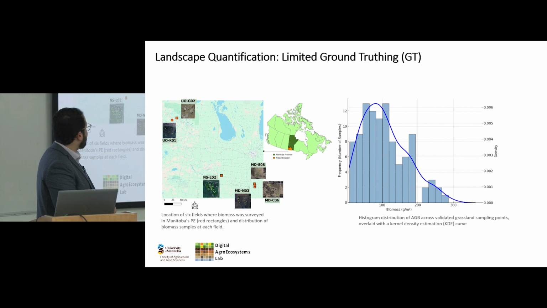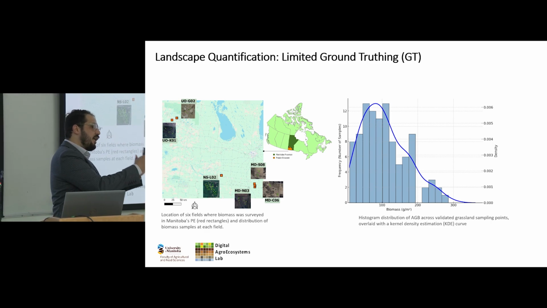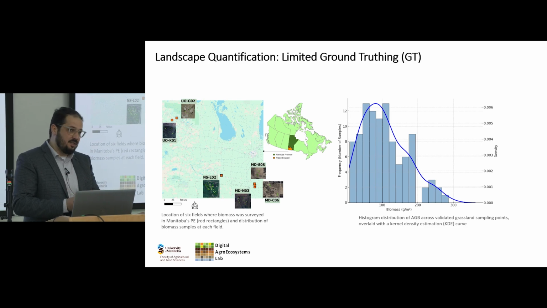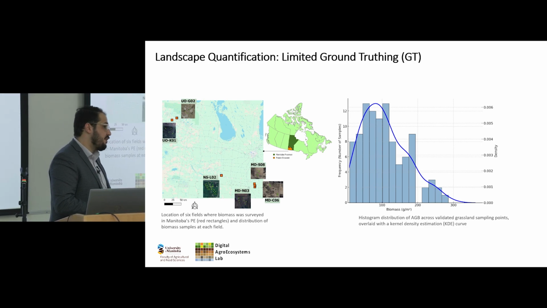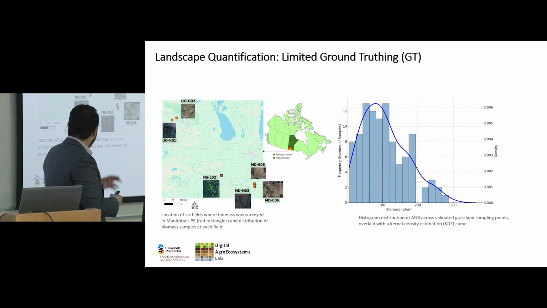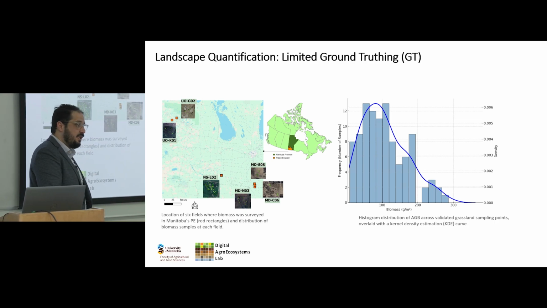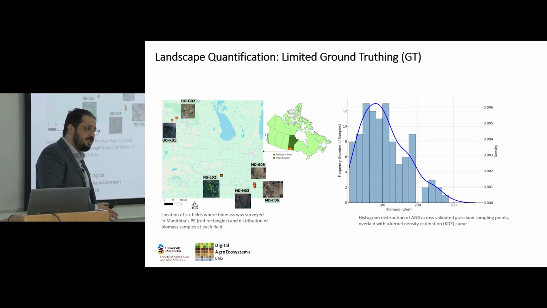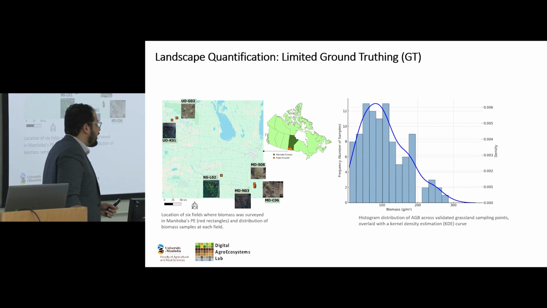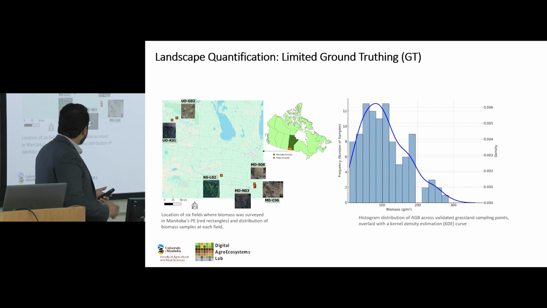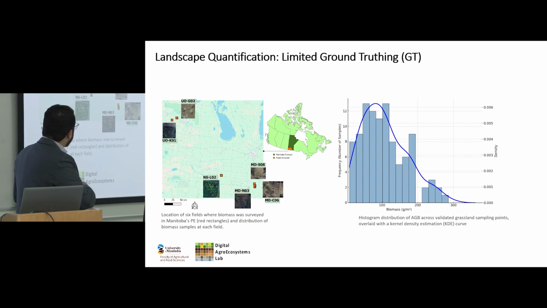Another quick one: now that we've done the identification, now is the quantification. We needed to know how much above-ground biomass there is in this grassland. We have a very good collaboration with the AFC. They provided us with more than 90 ground truthing biomass samples over 2 or 3 years, and those locations are distributed over Manitoba.